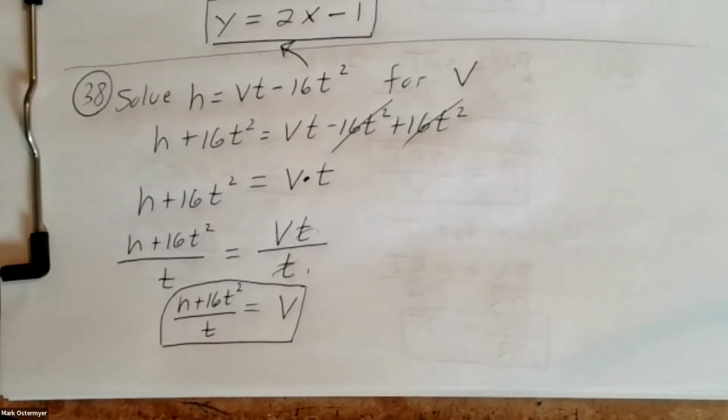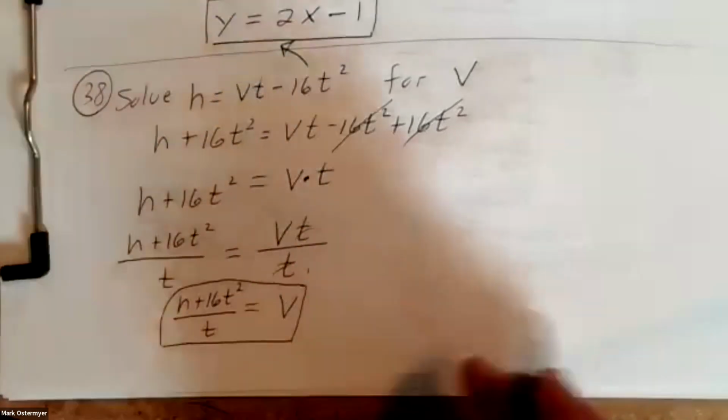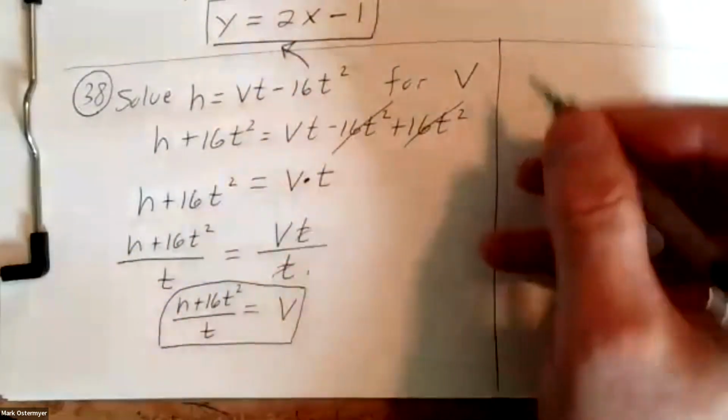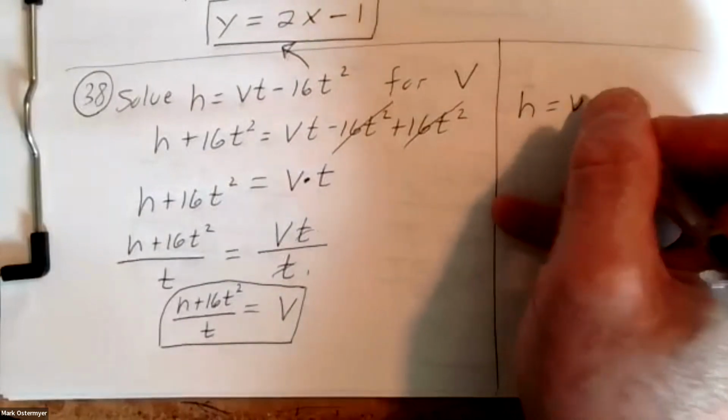Any questions how I solve for V? All right. You could have divided both sides by T first. So that's an alternative way you could have gone about this problem.